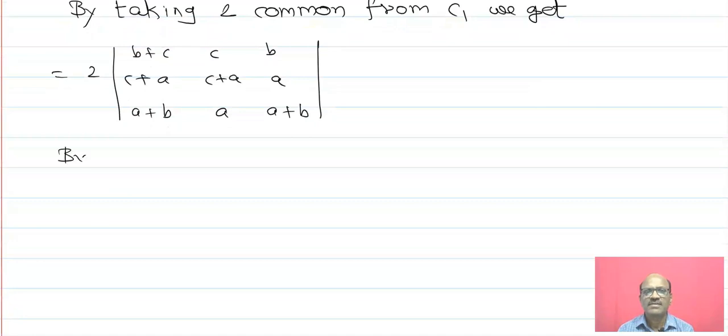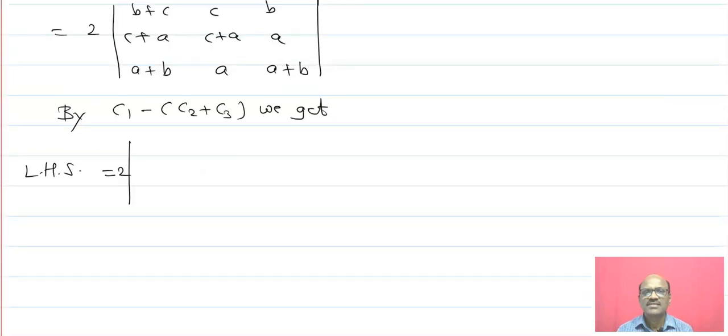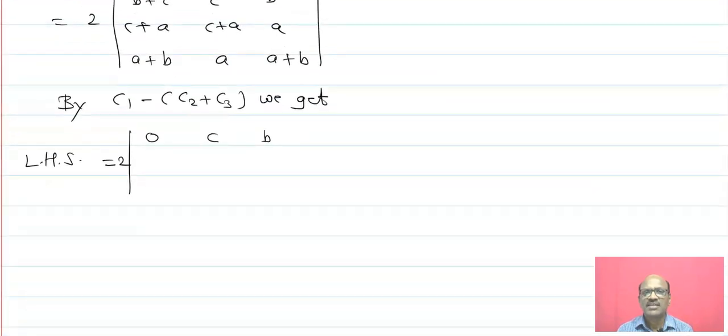Therefore, again C1 minus C2 plus C3, we get, that is, C1 minus C2 plus C3.